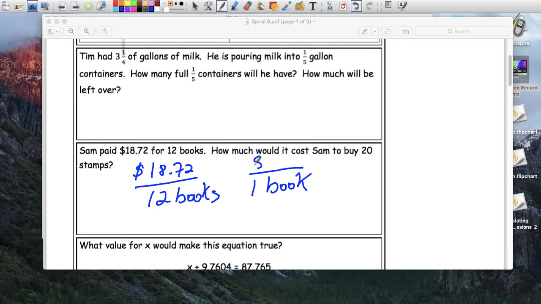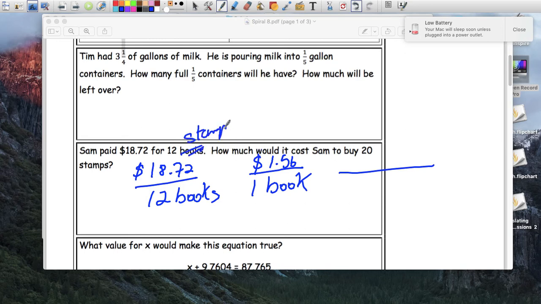So these are probably comic books or something. $1.56. Now I can use my unit rate to find out how many. Oh, these are stamps. Okay, so one says stamps, one says book. So let's just change this to stamps. Stamps are 40 something cents.